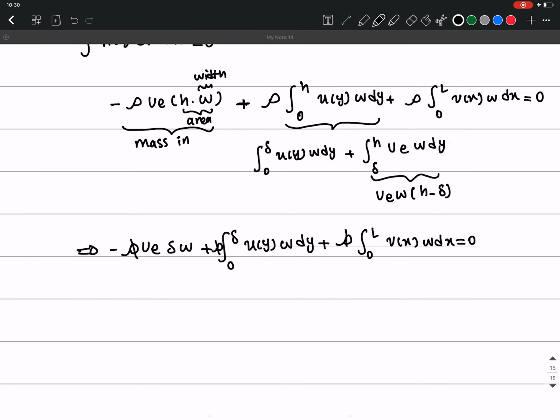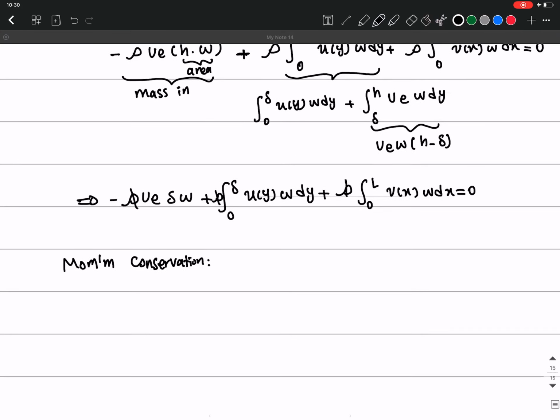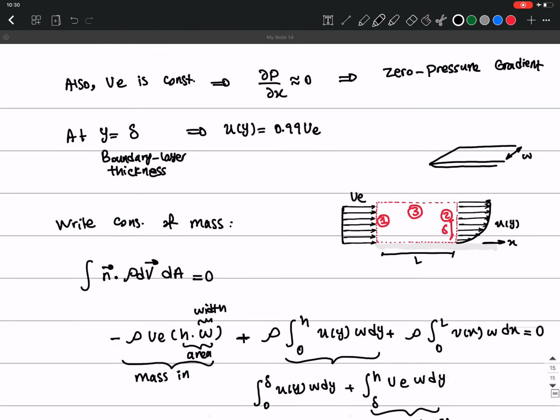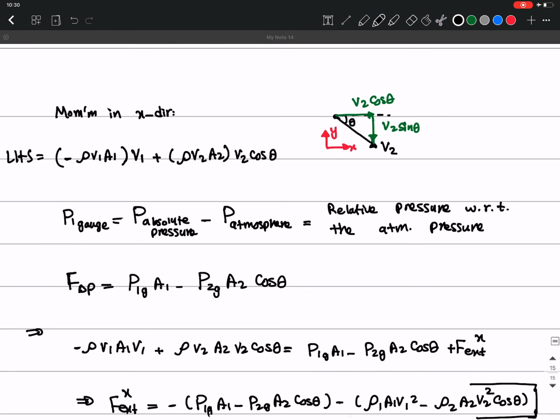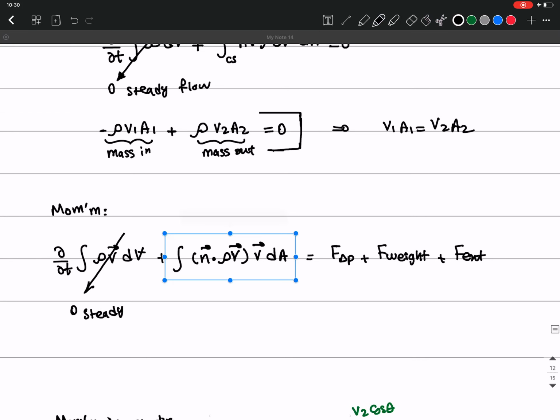Okay. So the second thing I need to write in order to get the drag force is momentum conservation. So the momentum conservation equation, you have it here. So for a steady flow, again, this part is going to be 0, so I'm not going to write it down. So I'm just going to write these parts.